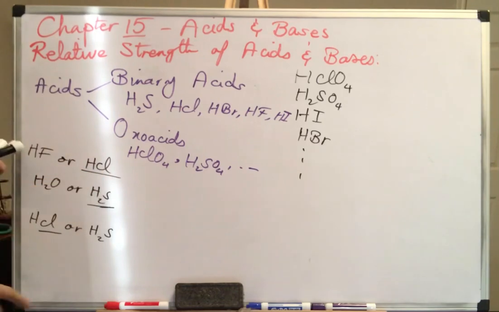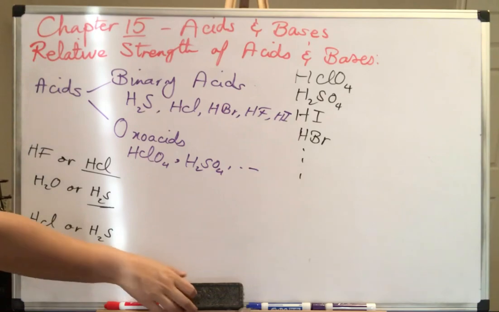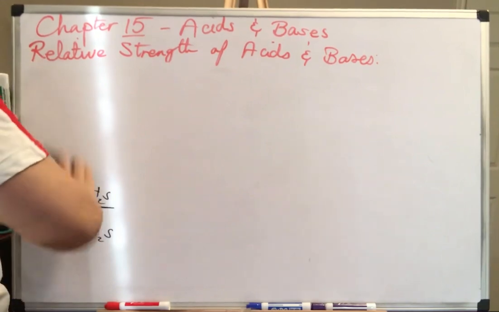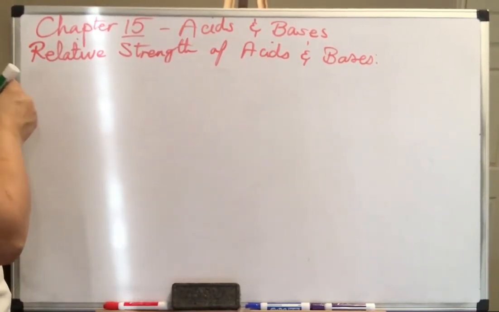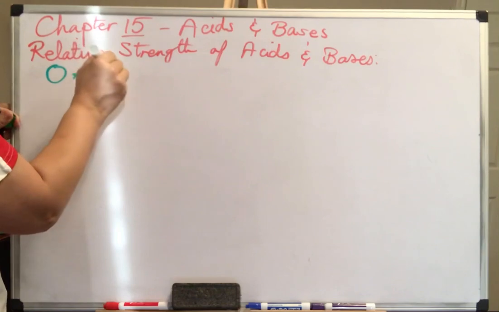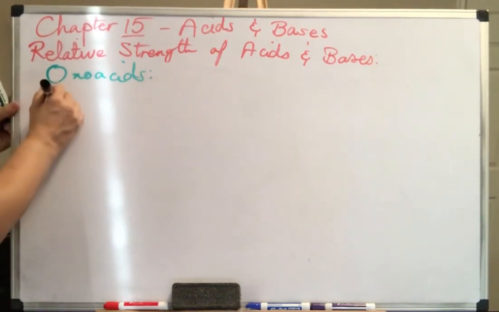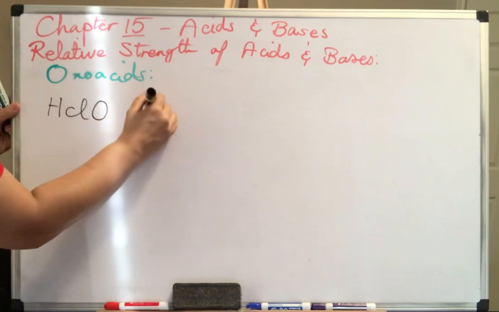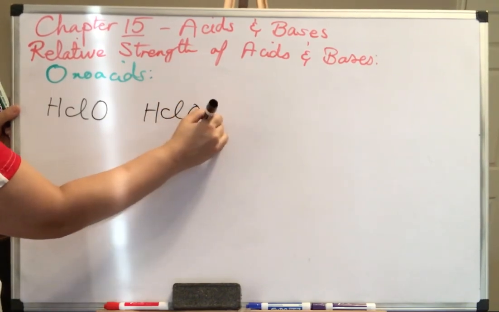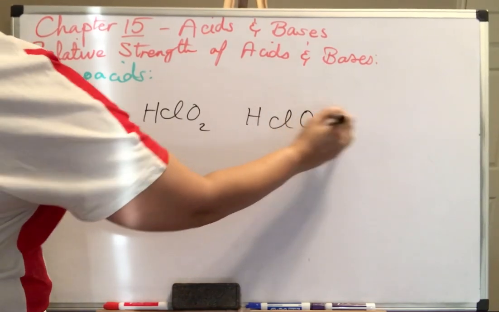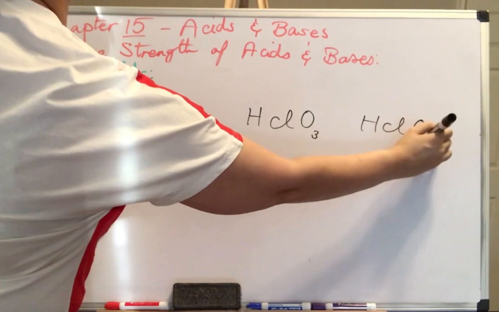The reason for oxoacids is different, that I'm going to talk about right now. So erase the binary acids. About oxoacids, let me go with the same examples you have. Let's compare HClO, HClO2, HClO3, and HClO4.